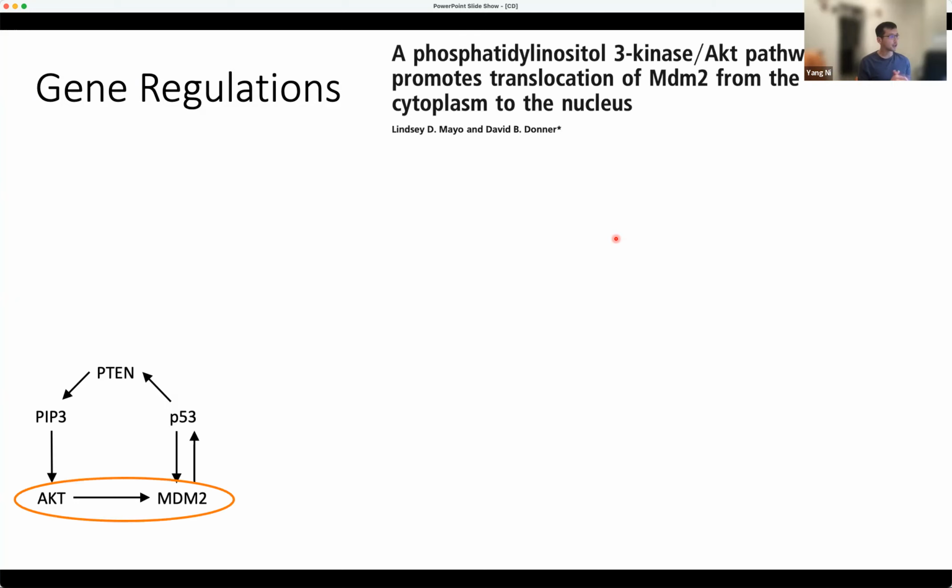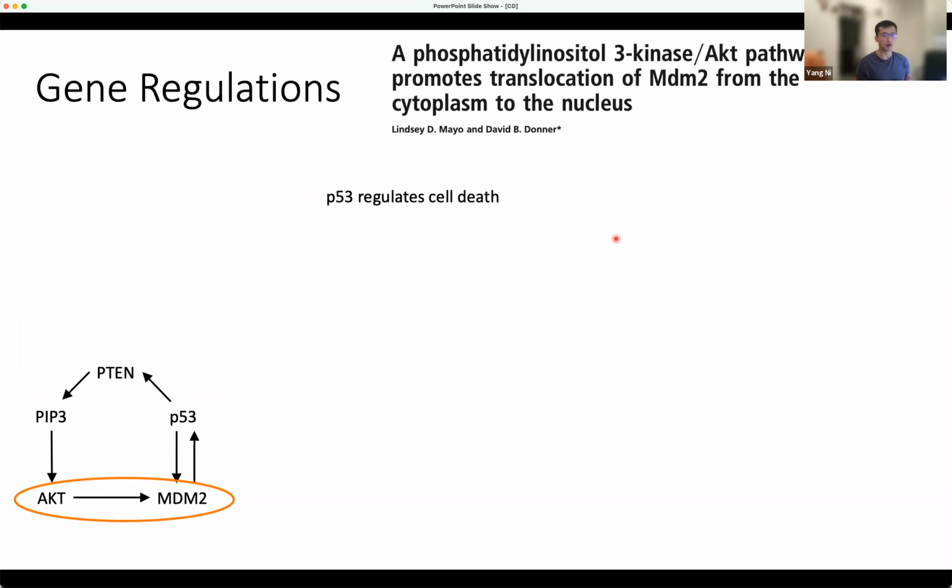As an example, let's look at this pair, AKT and MDM2, in this pathway. This paper on the top right corner very nicely laid out the exact thought process behind coming up with this particular hypothesis involving AKT and MDM2. In the paper they wrote, we knew p53 regulates cell death.